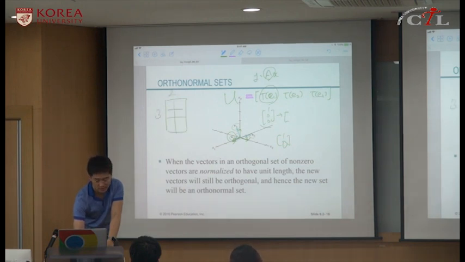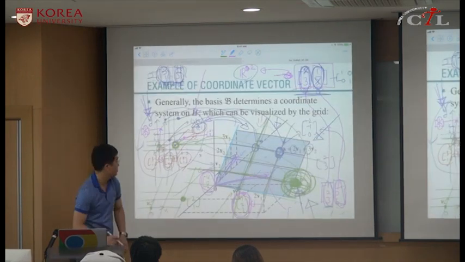So in this case, what is the first vector? It can be viewed as the mapping from 1, 0, and then this one is 0, 1, right?